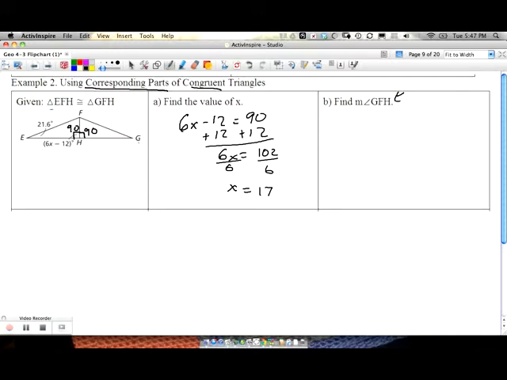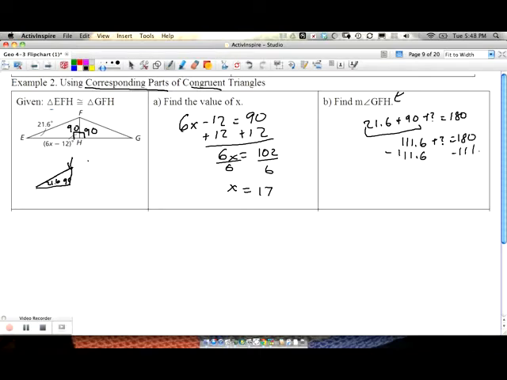Now it's asking me to find the measure of angle GFH. Okay, so if I look at these two triangles, I know that this triangle here on the left has 21.6 in this corner, then 90. So that third angle has to add up to 180. So what's 21.6 plus 90 plus something equals 180? Well, I put those two together, and I would get 111.6 plus a question mark equals 180.